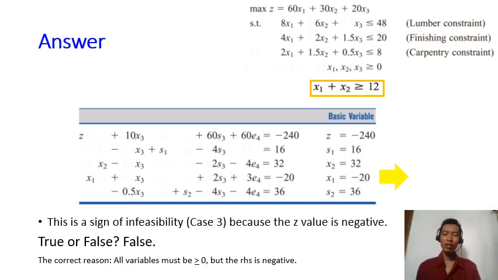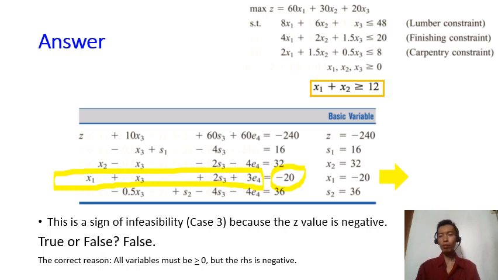The answer is false. The correct reason of why this table shows infeasibility is because we see that the right-hand side is negative. However, the left-hand side, they all have positive coefficients. And then we know from the sign restriction that the value of the variable itself must be non-negative.